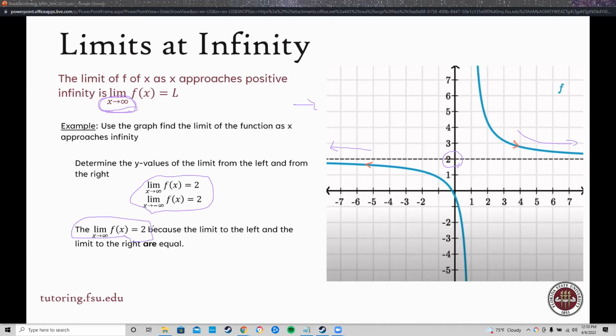So there we've gone over all of the limit discontinuities and how to evaluate and read graphs using limits. Importantly, remember that the limit only exists if the same y value is approached from the left and the right-hand side of whatever is being asked.